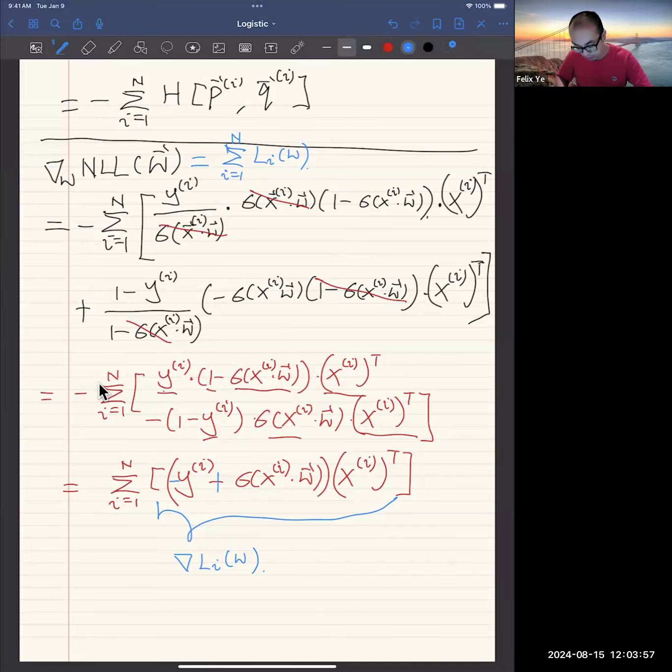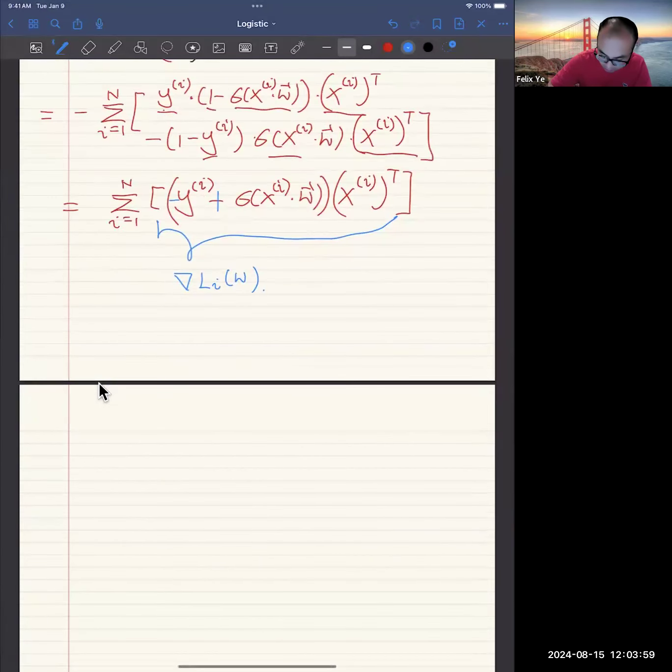Okay. So this is very important because if we can calculate this explicitly, we can use stochastic gradient descent in these cases. All right, and you can further take the second derivative, you can find out the Hessian is positive definite.